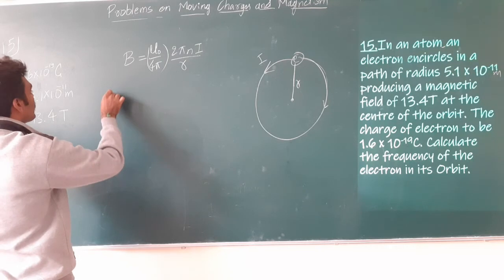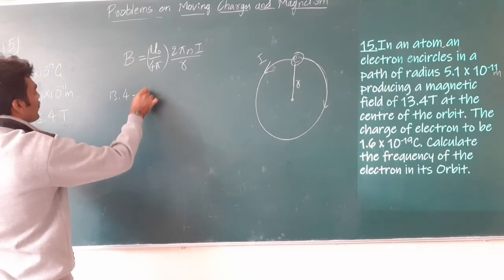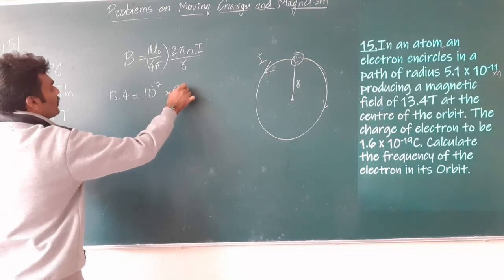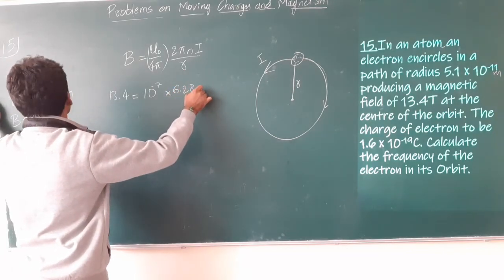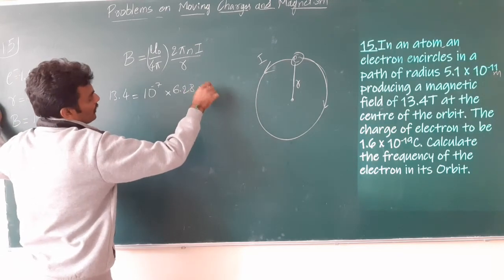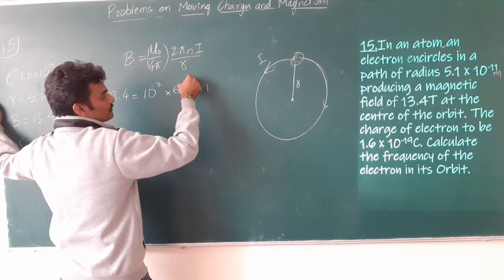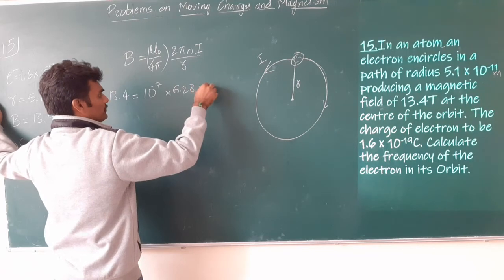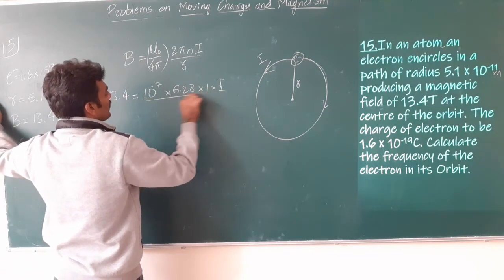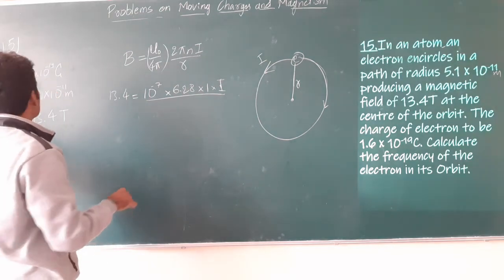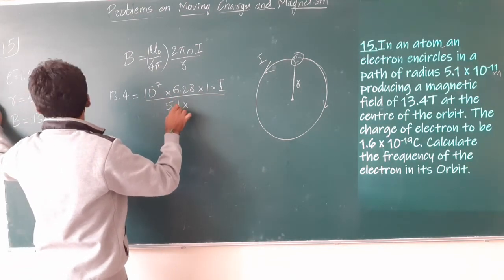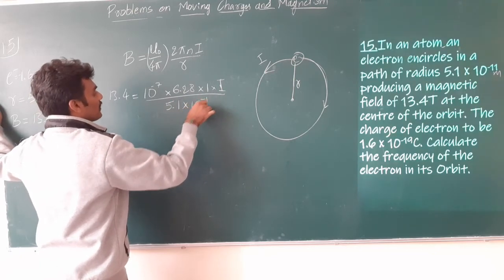Magnetic field is given as 13.4 Tesla. Mu naught by 4 pi is 10 to the power of minus 7, times 6.28, number of turns 1, okay, it's only one electron in the orbit, into current which has to be found, divided by the radius 5.1 into 10 to the power of minus 11.